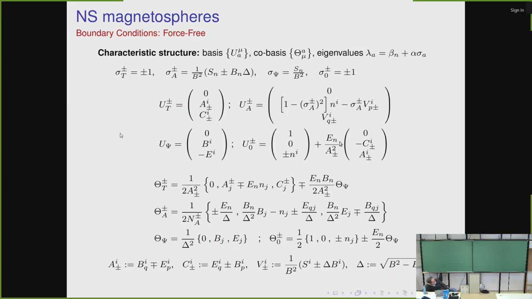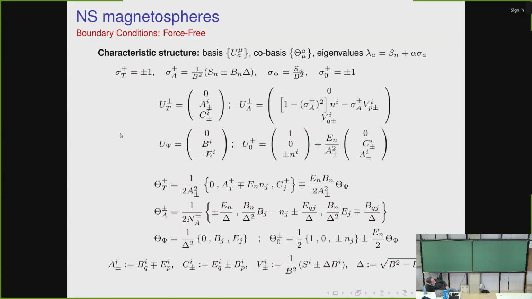Now here we explicitly see what I mentioned initially, that this divergence cleaning field couples to the constraint and makes it propagate at non-zero speed. And this additional mode is associated with the constraint of force-free electrodynamics, namely E dot B equals 0. So these are all the characteristic modes of the theory.